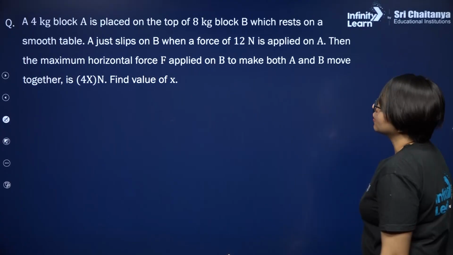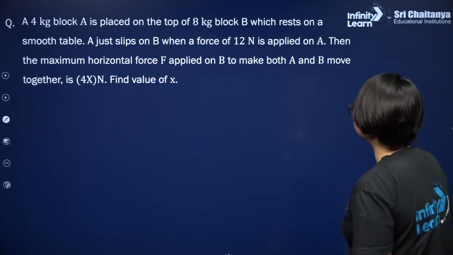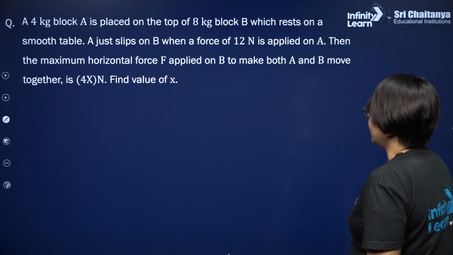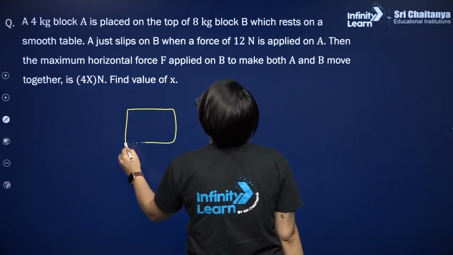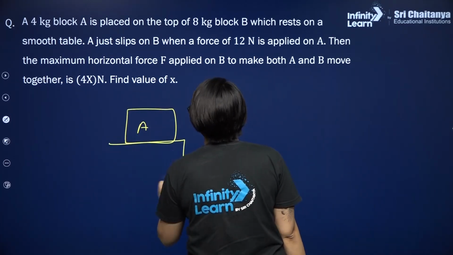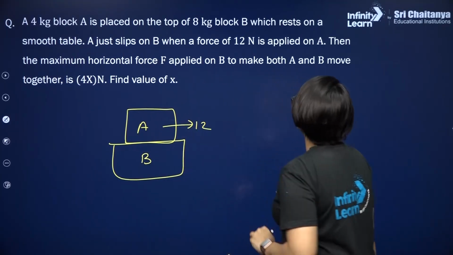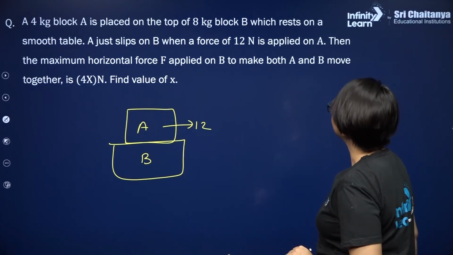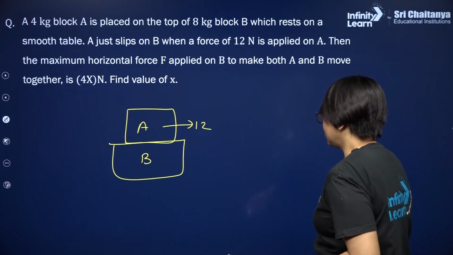Next is this one. A 4 kilogram block A is placed on top of block B, which rests on a smooth table. A starts to slip on B when a force of 12 Newton is applied on A. Then the maximum horizontal force F applied on B to make both A and B move together is 4x Newton. Find the value of x.